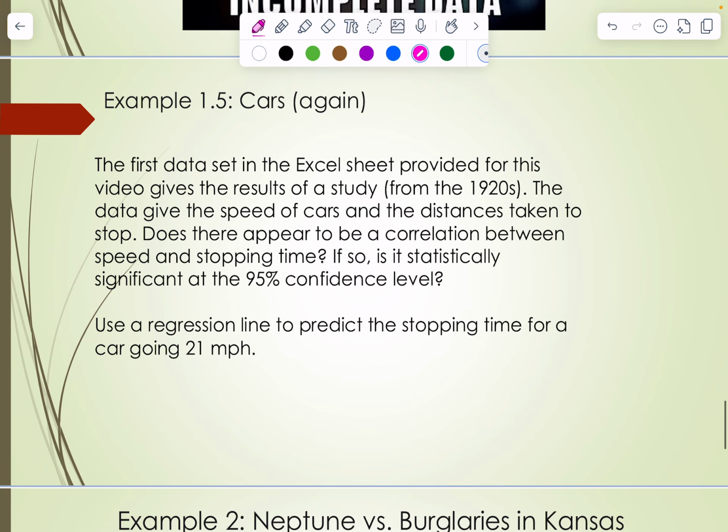Okay, let's go ahead now and take an example, and let's use our regression line to predict the stopping time for a car going 21 miles per hour. So we're going to use the same data that we did before, data from the 1920s about the car stopping time.